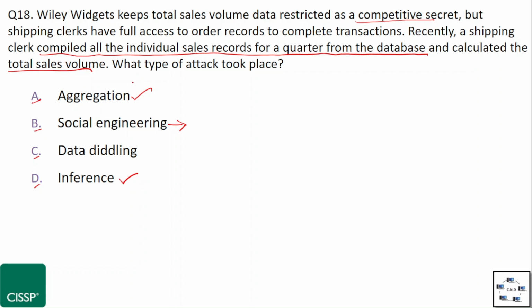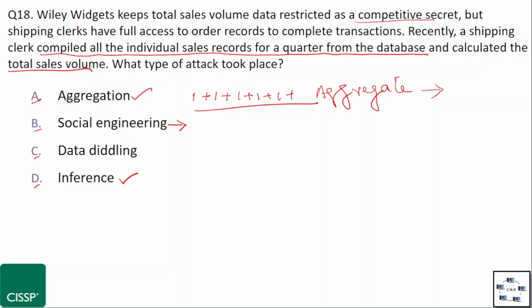Aggregation is the correct term here, where you take large sums of small pieces of information and combine them, or aggregate them, to make a huge record of information and make sense of all of it.